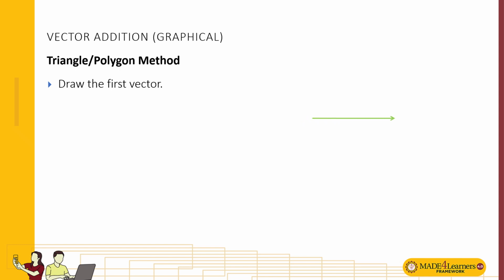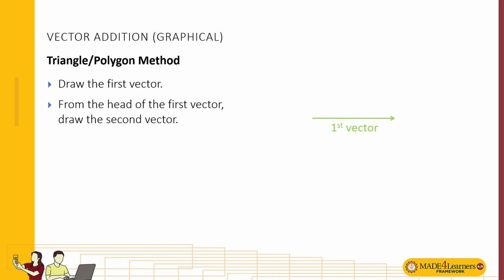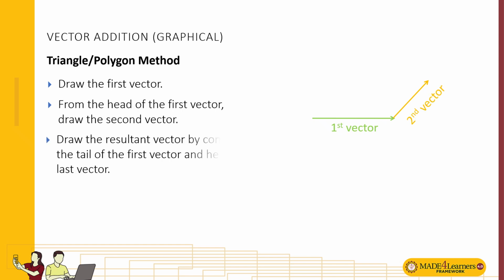Same first step as in the parallelogram method: you draw the first vector using a ruler for its magnitude and the protractor for its direction. And then from the head, this time, of the first vector, draw the second vector. So this is called the head to tail method because the tail of the second vector is drawn from the head of the first vector. And then for the resultant, you don't need to draw additional arrows.